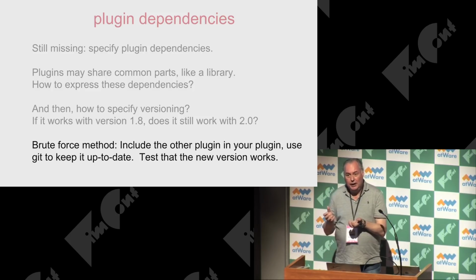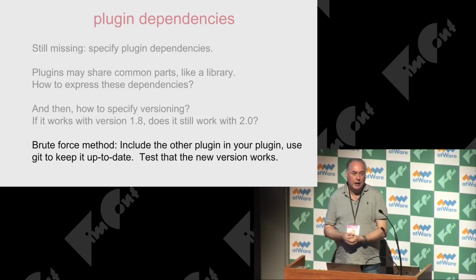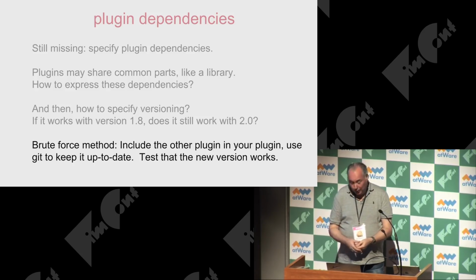If you're using Git and GitHub, it's actually not that difficult to just pull a new version and include it in your plugin and then publish your plugin. That also makes sure that any versioning problems will be taken care of. You just get one big plugin that's a combination of several plugins.